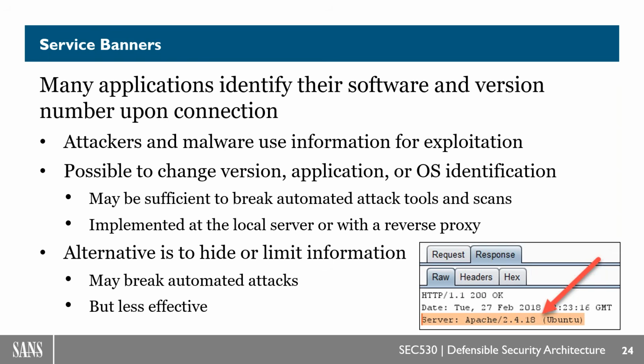What I want to do as a defender is I want to not play fair in a legal way that I can't get in trouble or break my systems. And an example of that is whenever someone browses your web servers, they're saying, hey, you know what? I'm Apache. I'm running version 2.4.18, and guess what? I'm an Ubuntu box.